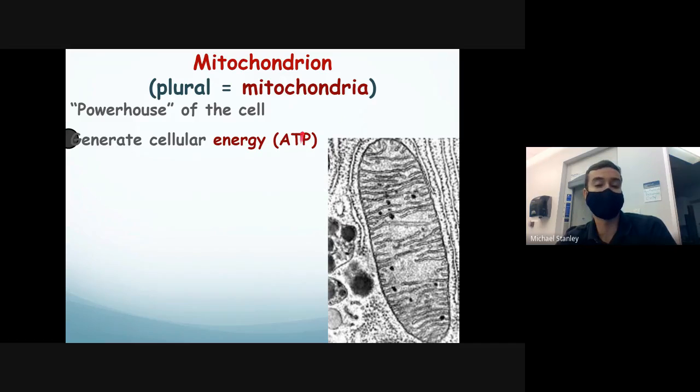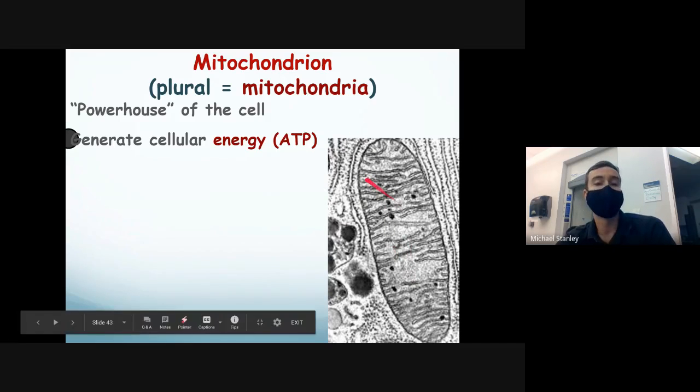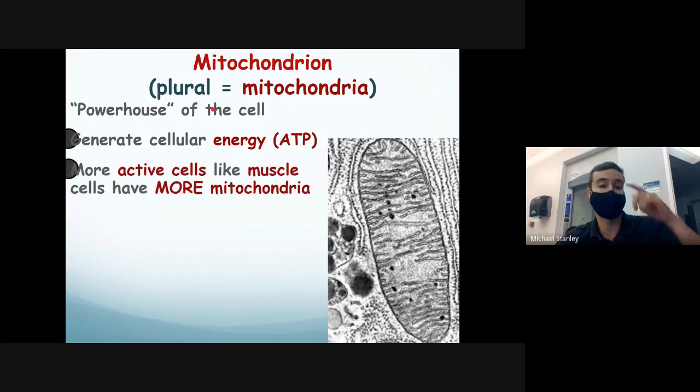And this ATP is made in the mitochondria, hence it being the powerhouse of the cell. Depending on a cell's activity level, they might have more or less mitochondria than other cells. Muscle cells, very active, do a lot of energy-related things. They tend to have more mitochondria in them, so they can keep up that energy for longer.